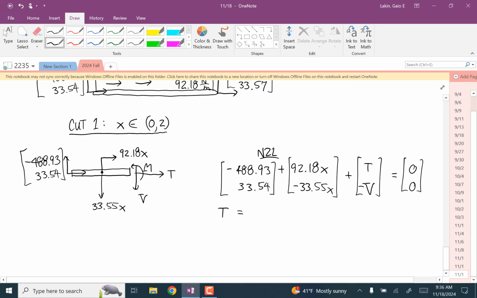Why am I not doing this as vectors? And so t is equal to negative 92.18x plus 488.93. And v is equal to negative 33.55x plus 33.54.